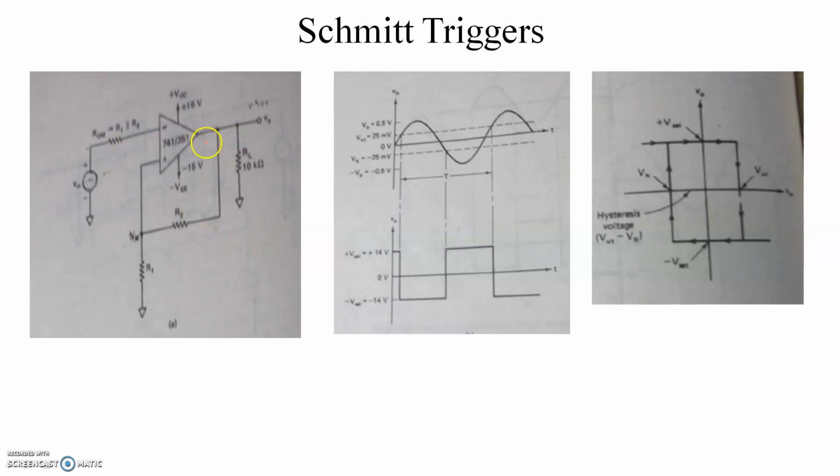This circuit is called a Schmitt trigger or squaring circuit because the input voltage Vin triggers or changes the state of the output voltage VO every time it exceeds certain voltage levels called the upper threshold voltage VUT and the lower threshold voltage VLT.